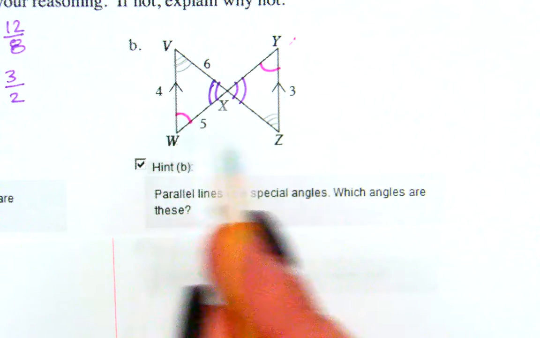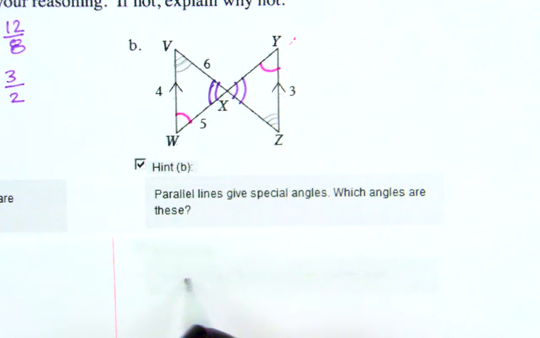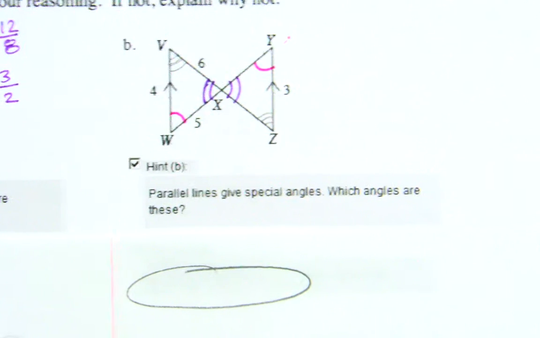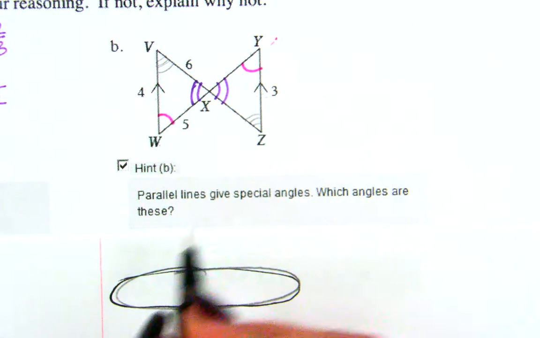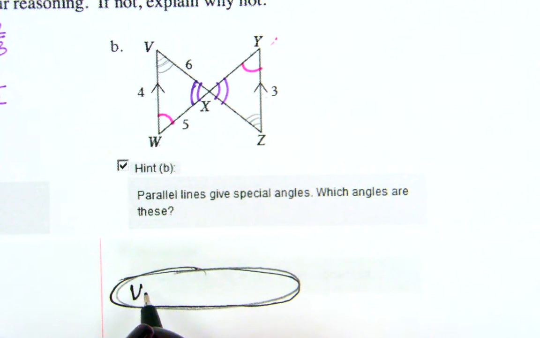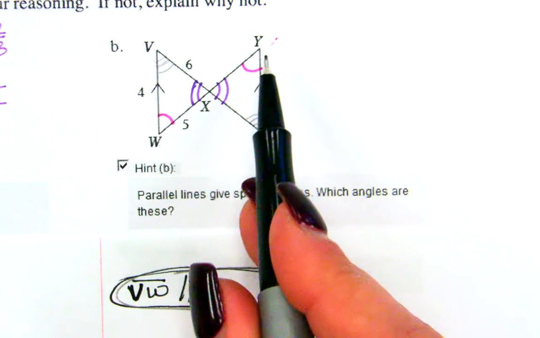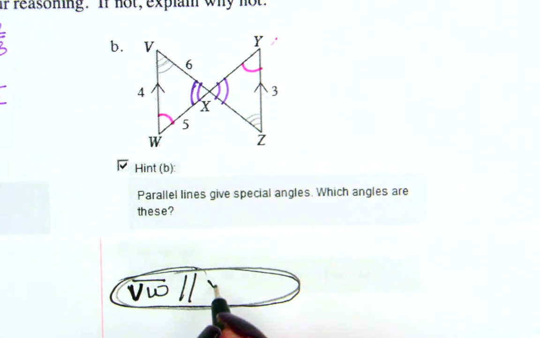Those are the things that are given to us that we can use. I'm going to do this in black. VW is parallel to YZ. Okay, this is a given.